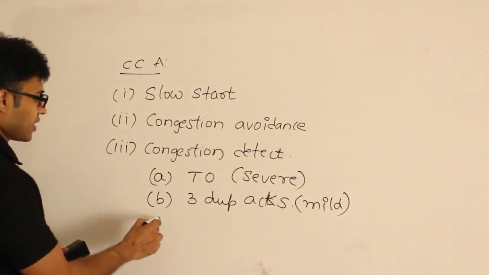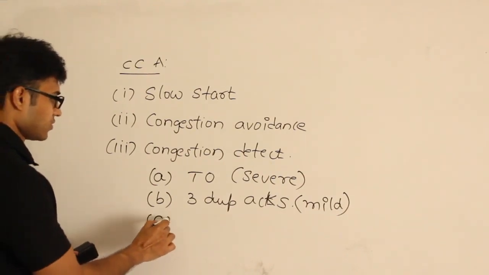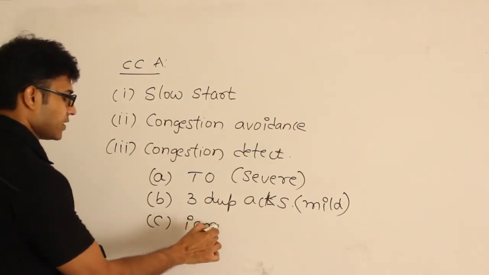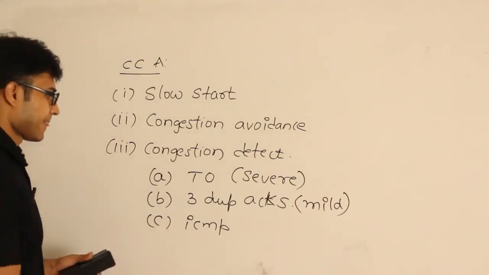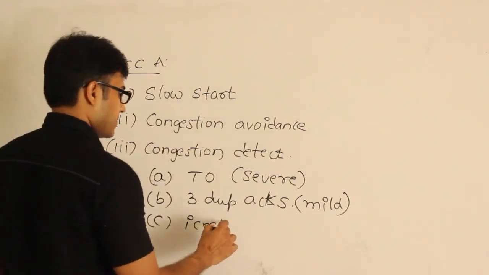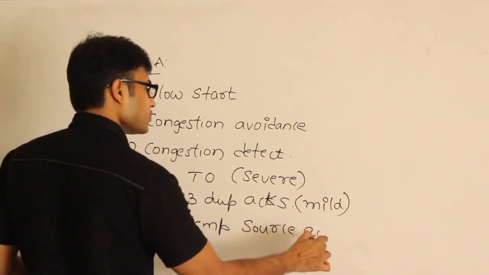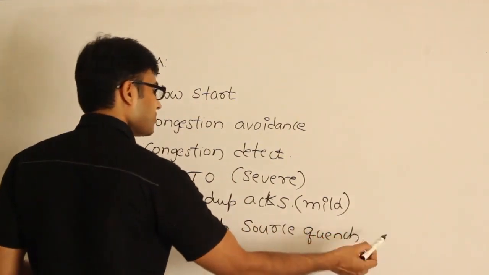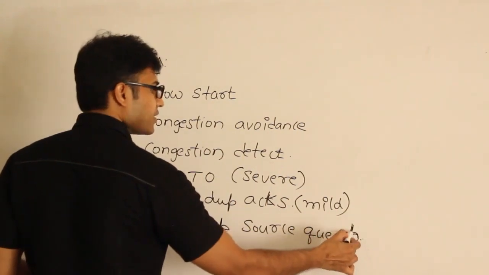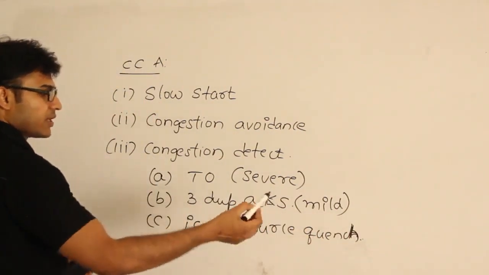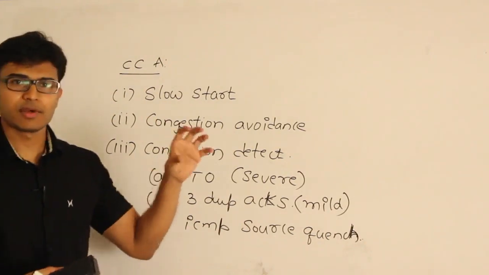And there is one more way we could detect the congestion, and that is ICMP source quench. Some people use it as a congestion indicator, but it doesn't talk about the entire network. It talks about only one particular host.